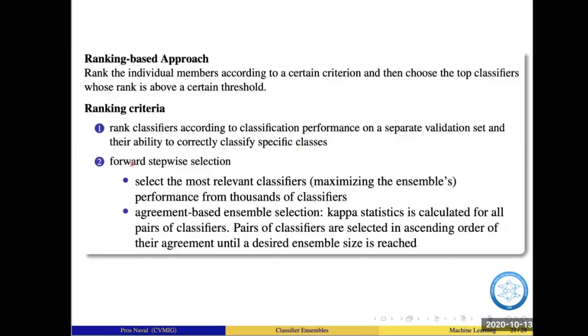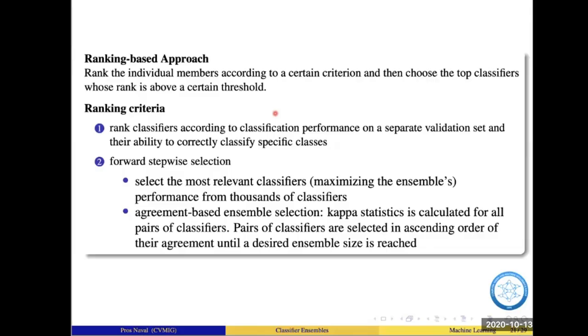Another criterion is the forward stepwise selection, where we select the most relevant classifiers, maximizing the ensemble's classification performance from thousands of classifiers. Then we also look at the agreement-based ensemble selection. We don't want classifiers that are the same or very similar, even if they are high-performing. Because if you have high-performing classifiers and they're almost the same, what's the use? You just select one of them, and that's your classifier.